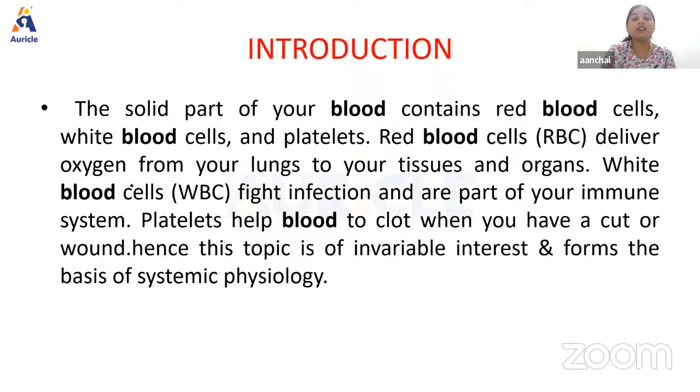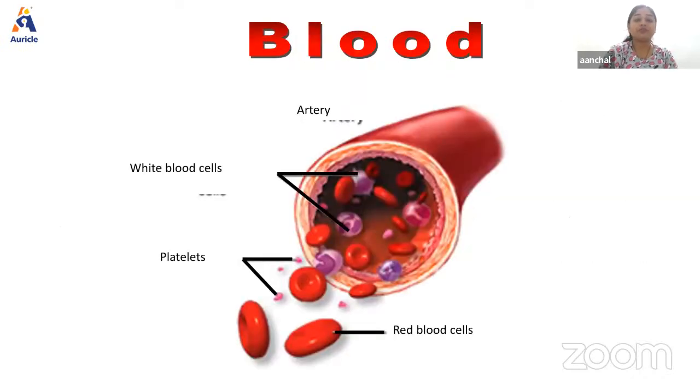Whereas the platelets help in blood clotting whenever a person has a cut or wound. This topic is of invariable interest and forms the basis of systemic physiology that we're going to discuss today.